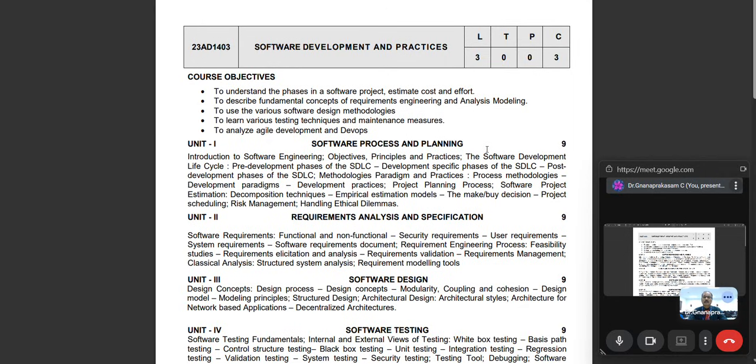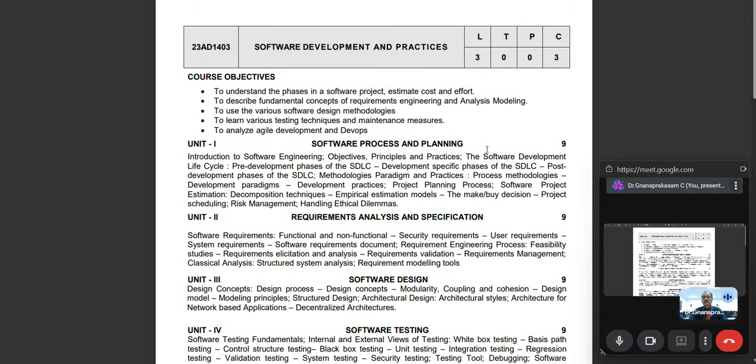The second course objective: to describe fundamental concepts of requirement engineering and analysis modeling. Once you have a project to do, you should get the requirements from the corresponding customer. The customer gives the details of what they need.